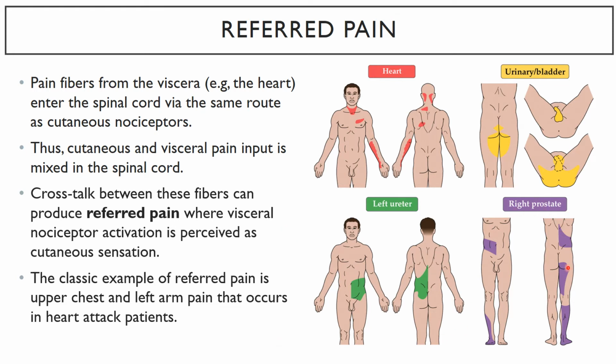Prostate is a very small gland that's up there in the rectum, and people who are having prostate problems can feel this pain all the way down in their foot. It's crazy. So these are areas that we know the body perceives as being on the skin, and physicians will use this information to try to pinpoint what's going on inside the body.